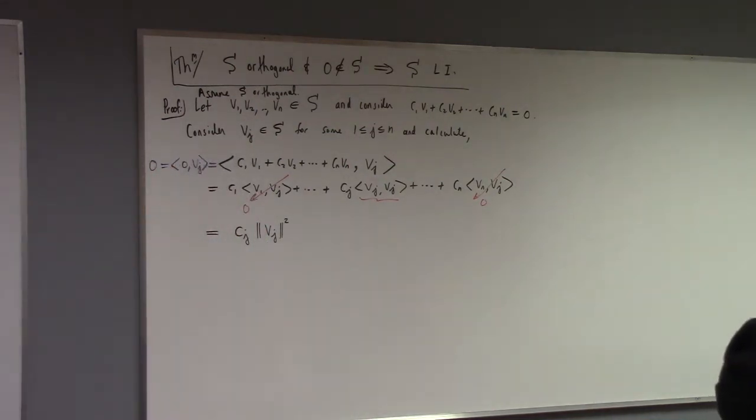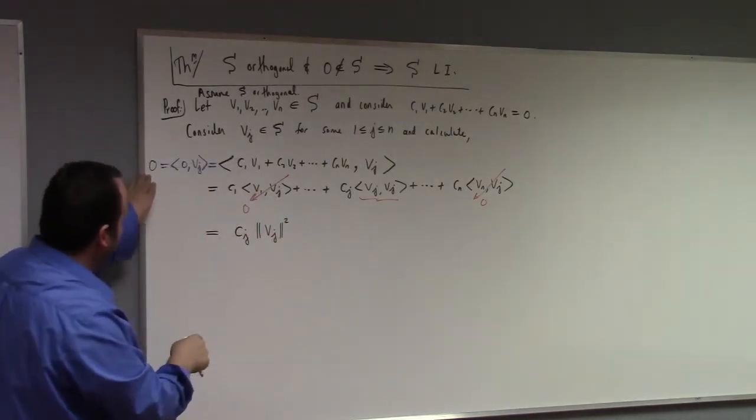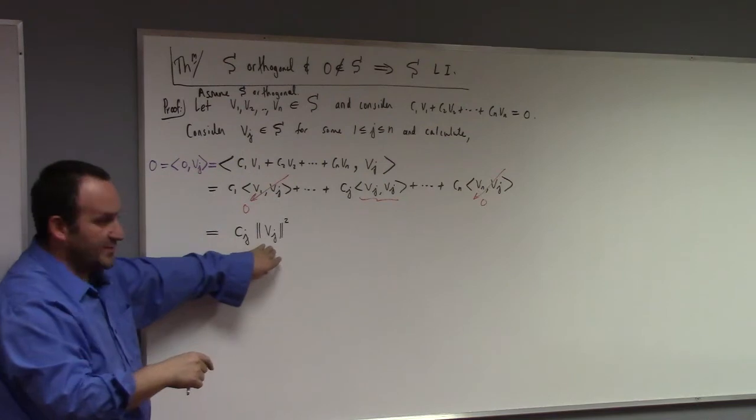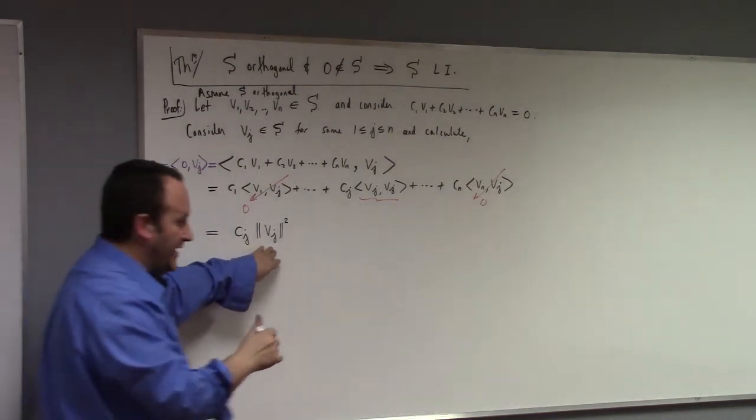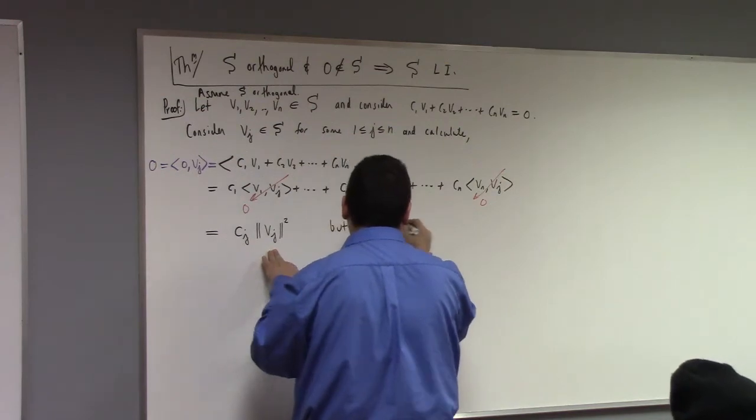So remember that the norm of x is the square root of the inner product of x with x. So that means that this is the length of vj squared. And so what we have is 0 equals cj times this. But vj is by assumption not equal to 0.